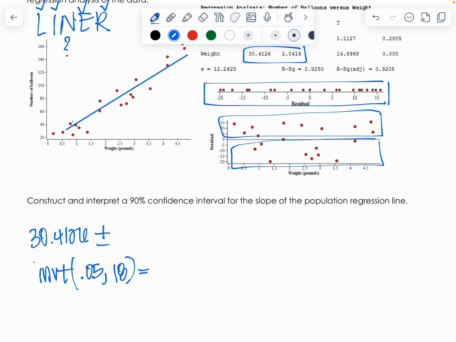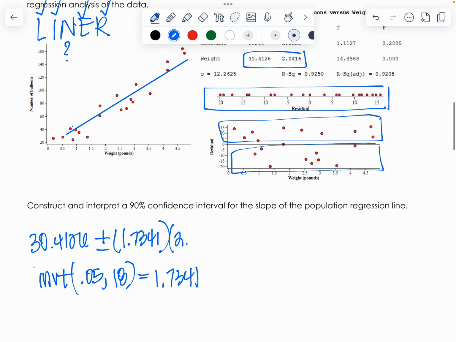And so our critical value is 1.7341. So that's 1.7341 times that standard error, 2.0416. All right.